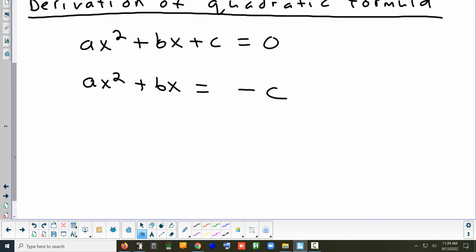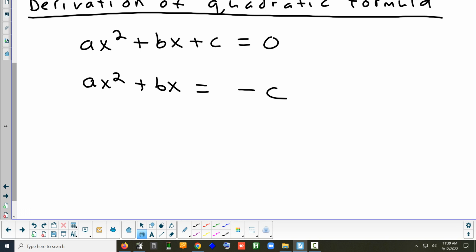So we have a minus c. All right. Now, what did we say about the coefficient of the squared term? Anybody remember what that always had to be? 1. So what we'll do now, to force that to be a 1, well, you tell me, what could we do here, here, and there to make this just x squared? Yeah. Divide by a.